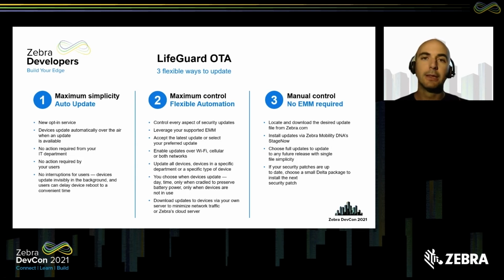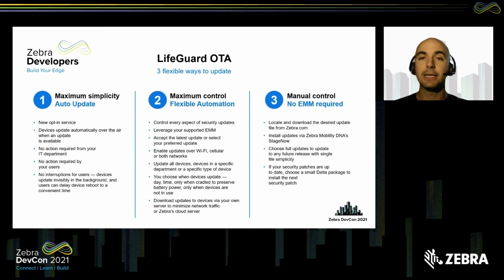But let's say you're a customer and maybe you don't have a big IT team. Maybe you don't have these tools, but you do want to keep your device up to date because there are security risks involved in not doing so. Well, that's where the auto update comes in. With this type of full automation, once you opt in to getting updates, your device will naturally be alerted anytime Zebra releases a new LifeGuard patch or OS release.